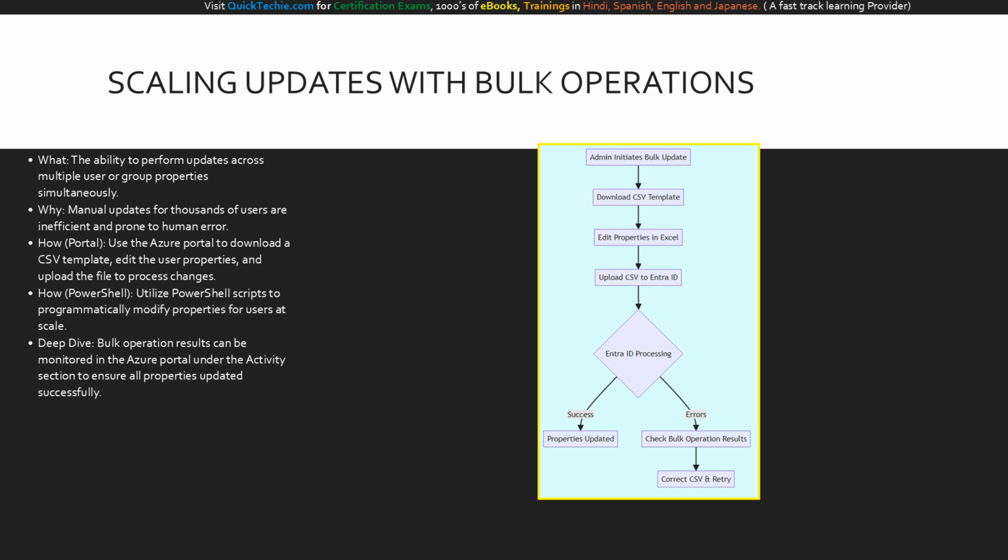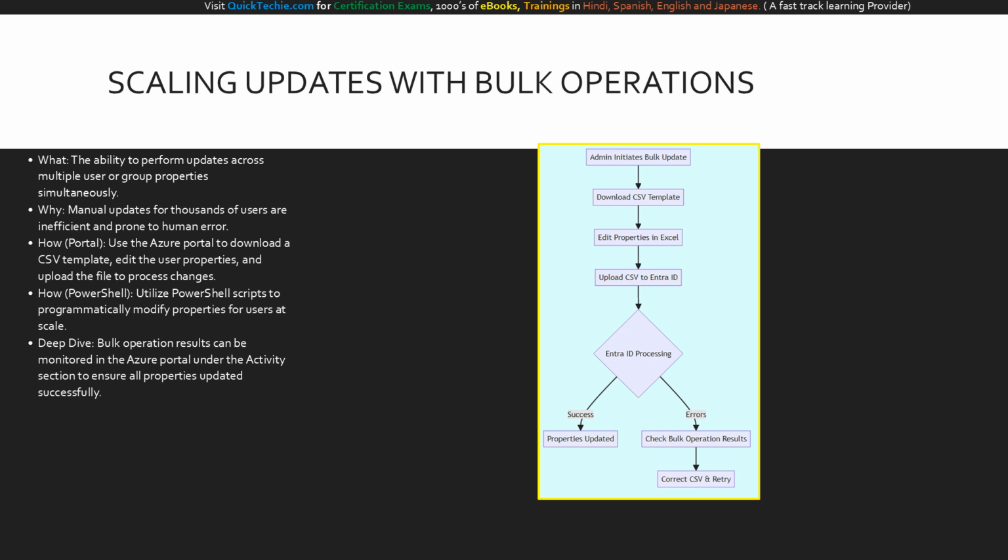Diving deeper, once you submit a bulk CSV upload, you can track the exact status of the job under the bulk operation results blade in the portal to verify that every property updated successfully. Let's trace the bulk update process in this flowchart. The admin initiates the workflow by downloading a CSV template from Entra ID. The admin then edits the required properties like job titles or usage locations using Excel.